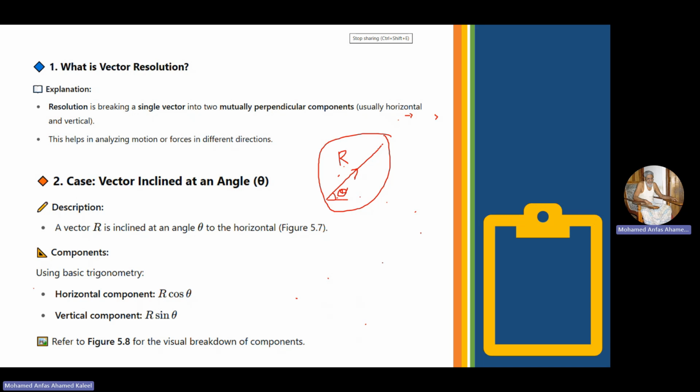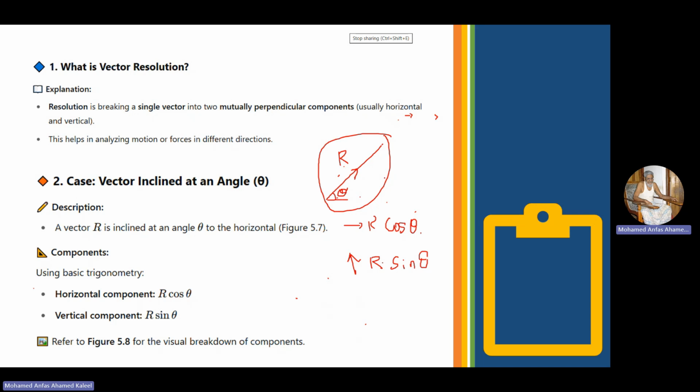So in that case, the horizontal component is R cos theta, and the vertical component is R sin theta. Understood?